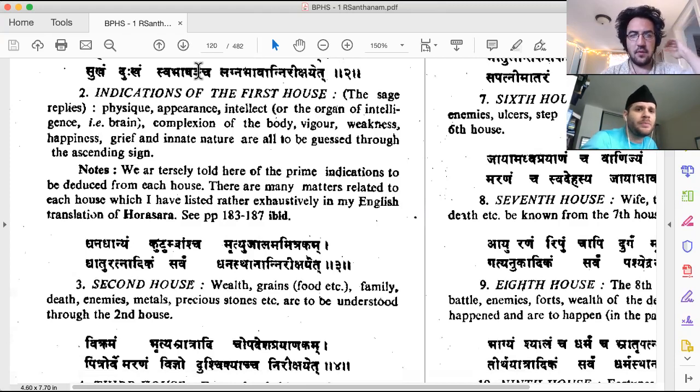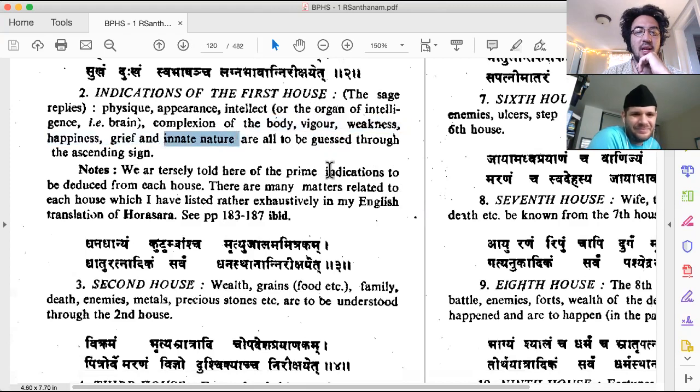Physique, appearance, intellect, complexion of the body, vigor, weakness, happiness, grief, and innate nature are all to be guessed through the ascending sign. I like that it's translated as guessed; for some reason that's appropriate. For me, innate nature is the most important one here.